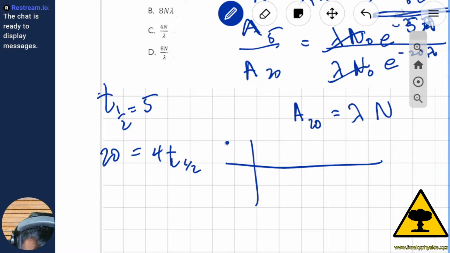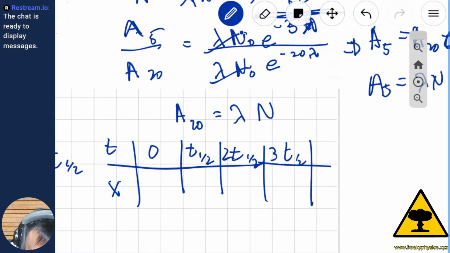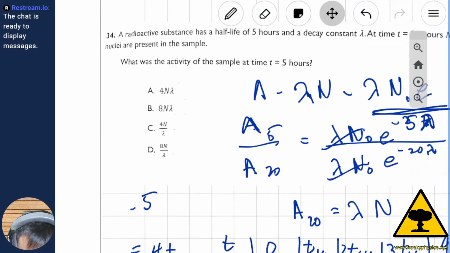So what I do here is time, and then whatever that x is. This time is going to be 0 in terms of half-life, then 1 half-life, 2 half-lives, 3 half-lives, and then we get to the idea of 4 half-lives here. Now at the end, what is our activity?